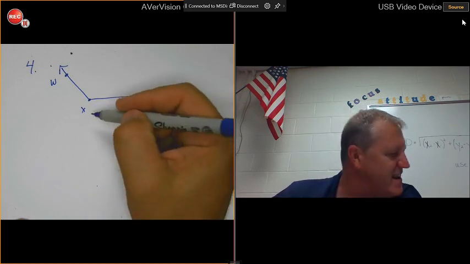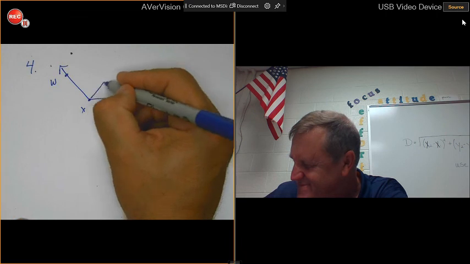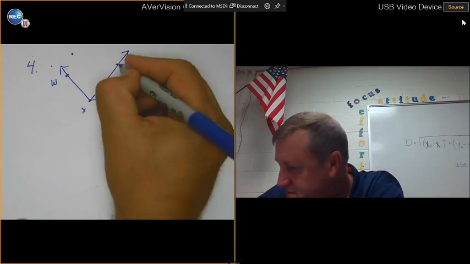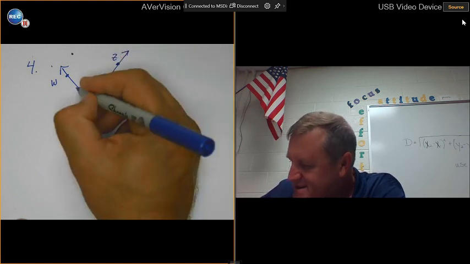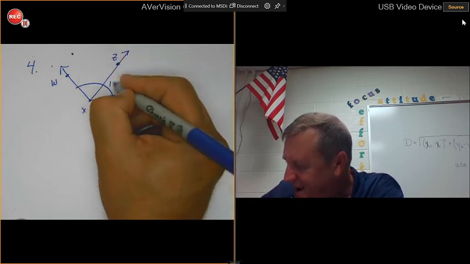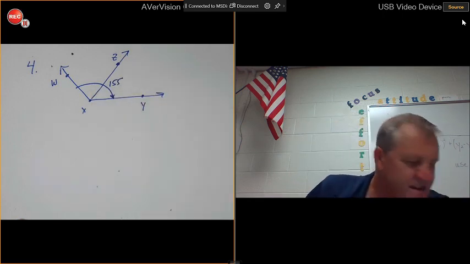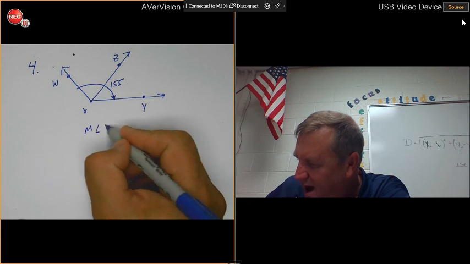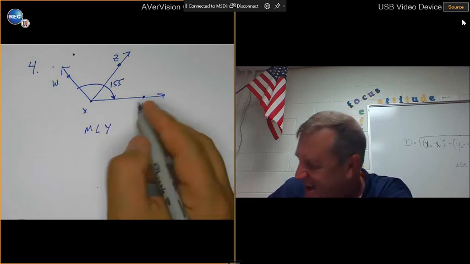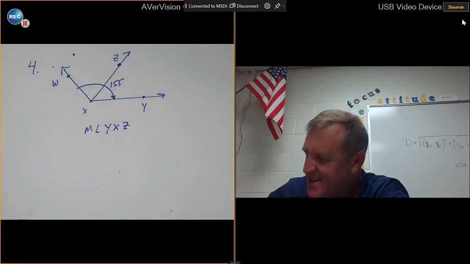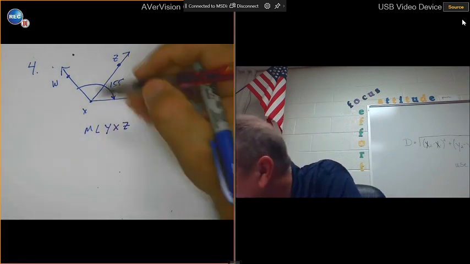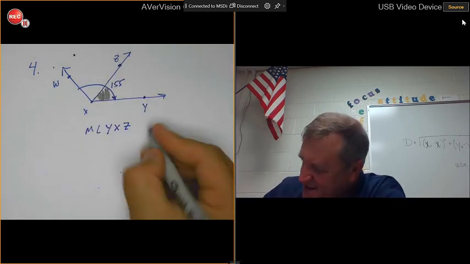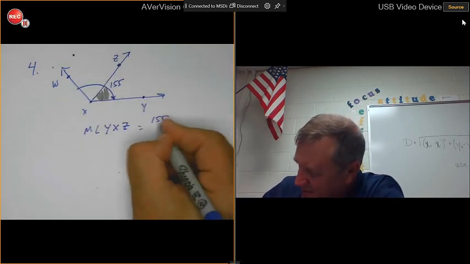Does it bisect it again? XZ bisects it. The entire angle is 155. So if we want to find the measure of angle YXZ, that's this angle right here. I'm going to shade it in. That is equal to 155 divided by 2.